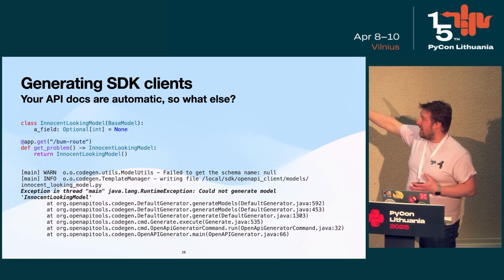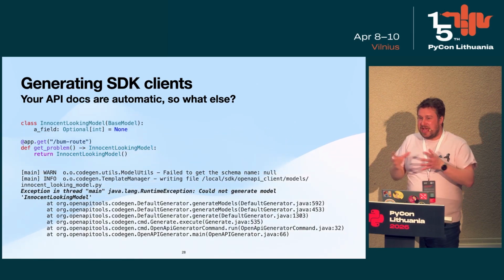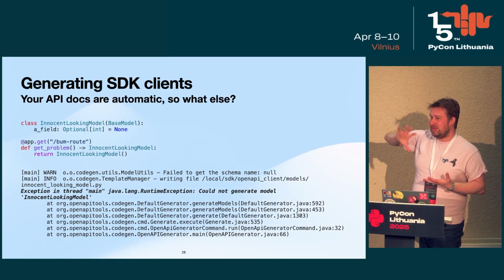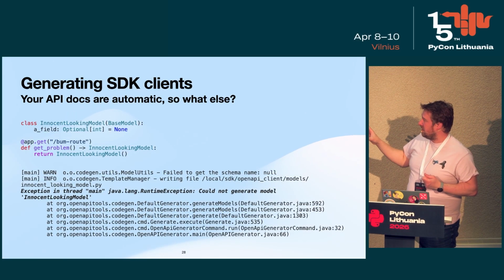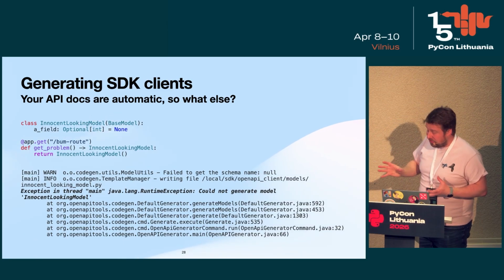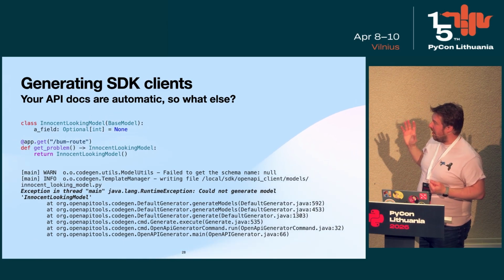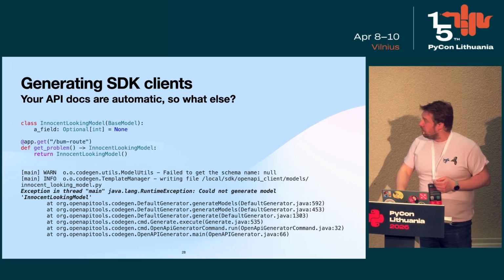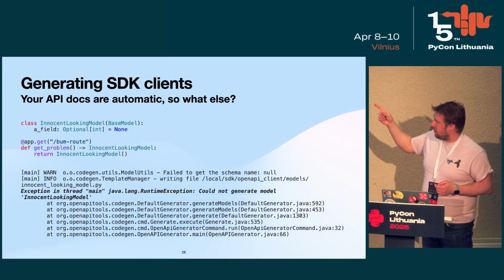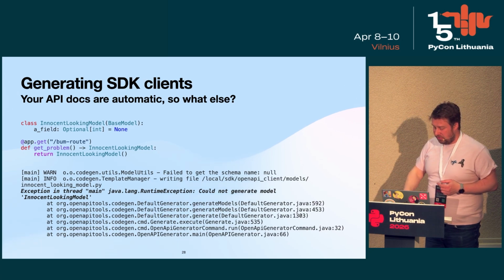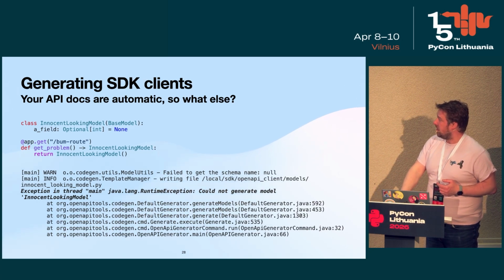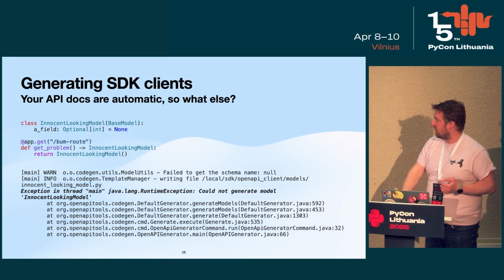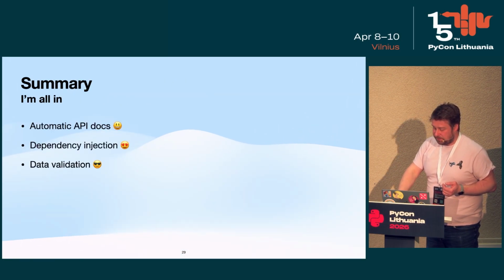So that was a real pain. And actually getting this kind of automatic stuff, and FastAPI works so well and generates all this stuff for you, to then plug it into something else and find that it doesn't work was a bit of a pain. But this issue is actually fixed in a later version of the OpenAPI tools generator. But obviously you're then dependent on something else to fix that.